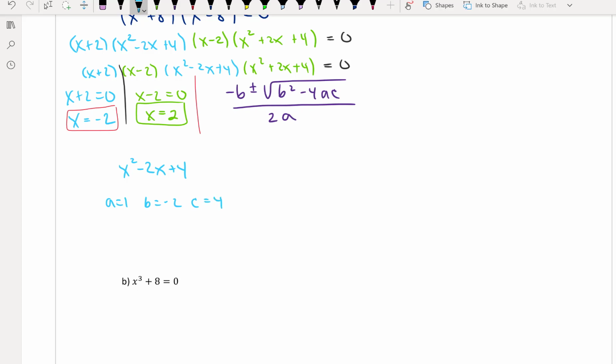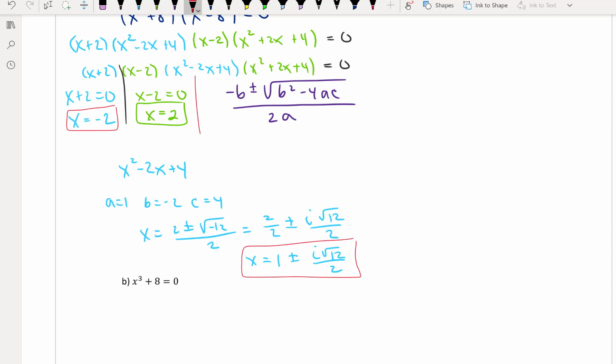So when I plug that in, I'm going to get that x is equal to 2 plus or minus the square root of negative 12 all over 2, which can be reduced to 2 over 2 plus or minus i square root 12 over 2, which tells me that this is 1 plus or minus i square root 12 over 2.